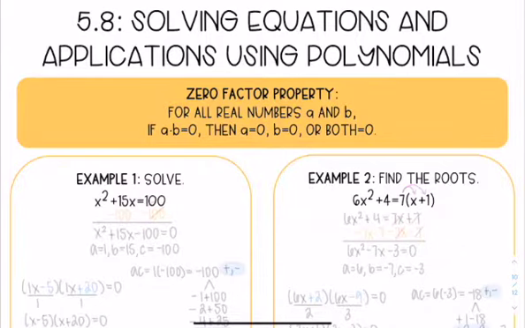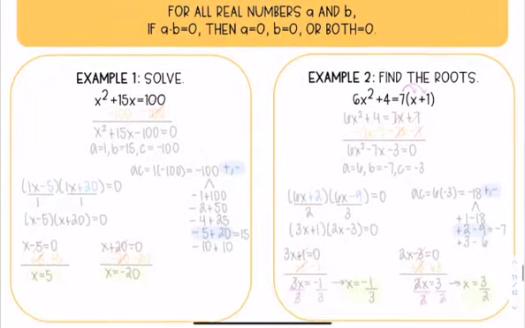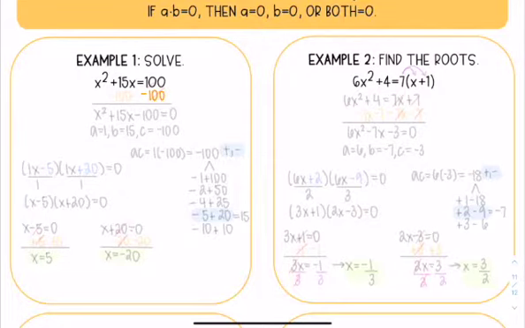So for example number 1, the first thing you want to do is subtract 100 from both sides. So we have x squared plus 15x minus 100 equals 0.